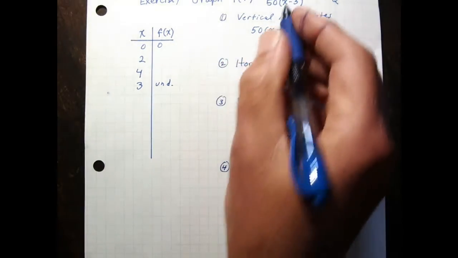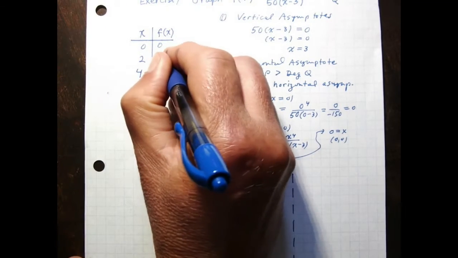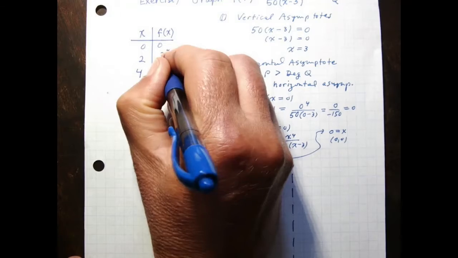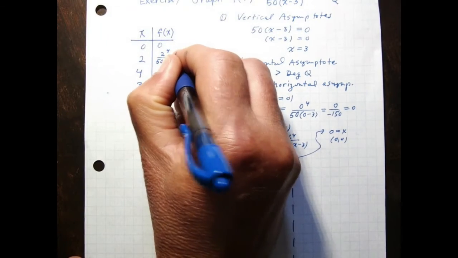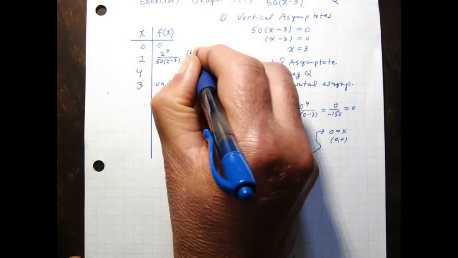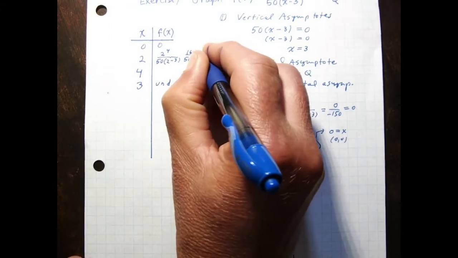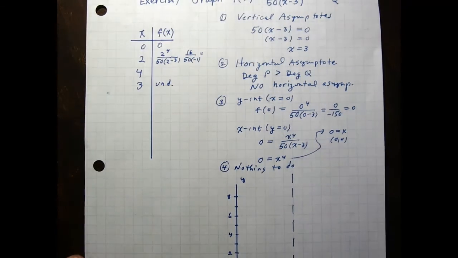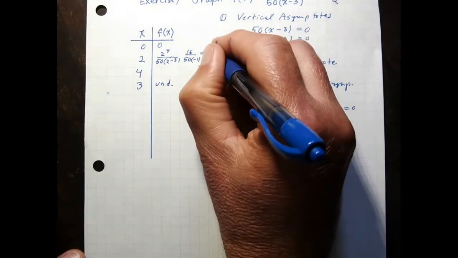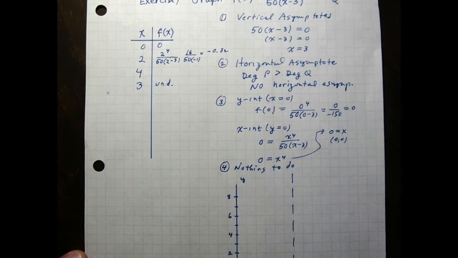And if I plug 2 into this expression, I get 2 to the fourth over 50 times 2 minus 3. 2 to the fourth is 16 over 50 times a negative 1, right? So I have 16 over negative 50. 16 over negative 50, I used a calculator to help me if you like, is about negative 0.32.